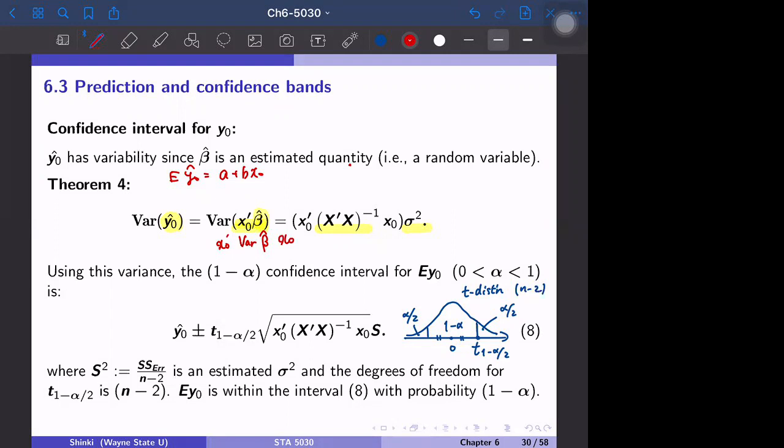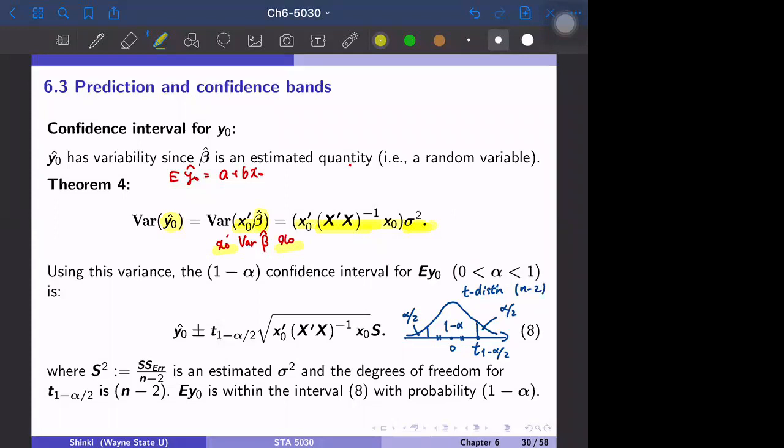So if we describe everything component-wise, you can see why this is true. So this is just a calculation. So then we can get x0 transposed times (x transpose x) inverse sigma square times x0. But sigma square is a scalar, so you can put it at any place. So now we can get the variance of y0 hat.